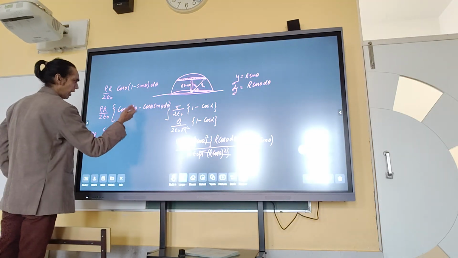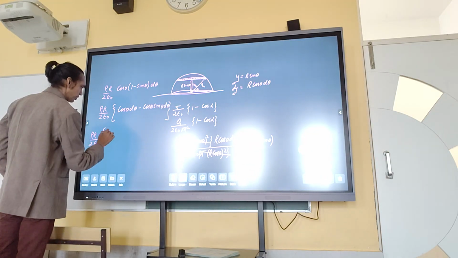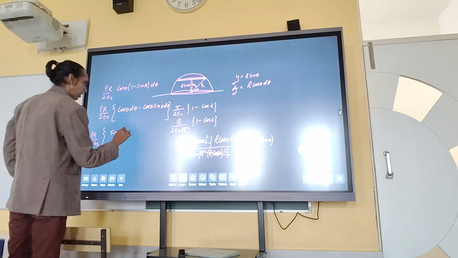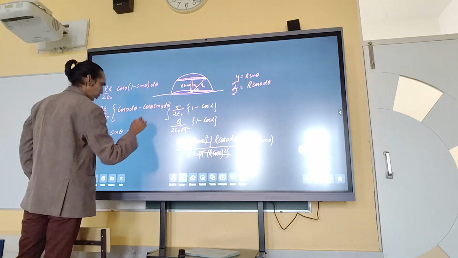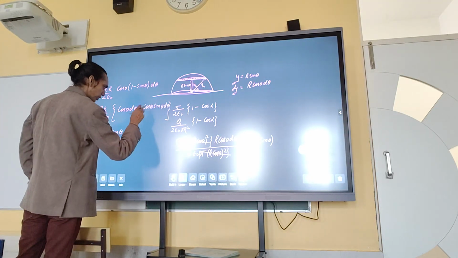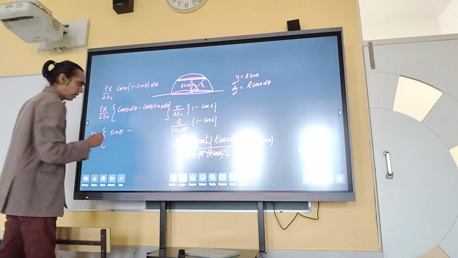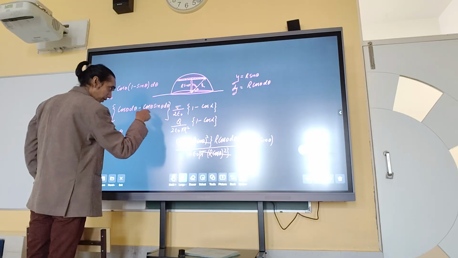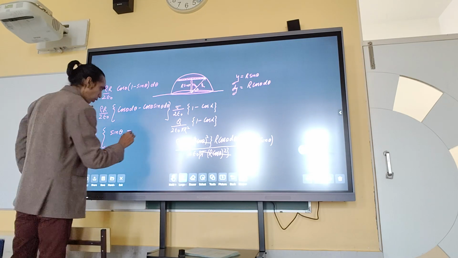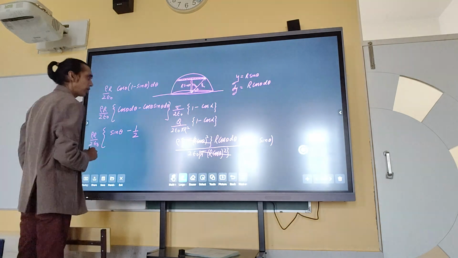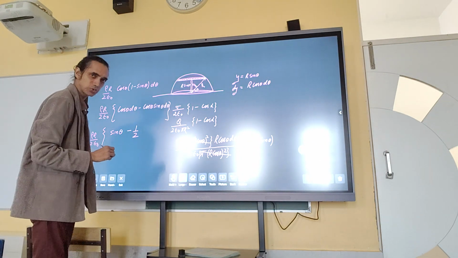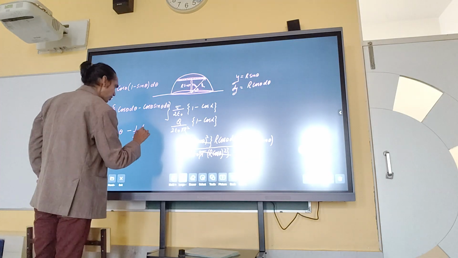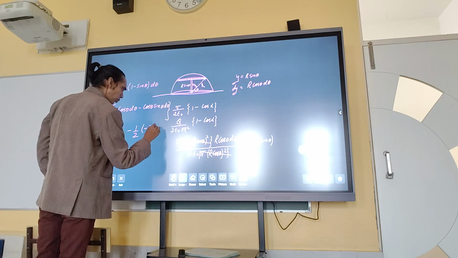We need to integrate cos theta. Integration will get us, as you know, sine of the angle theta. Then we need to integrate sine 2 theta by 2, which when integrated will get me sine 2 theta by 2. The 1 by 2 is already there, and you are to integrate sine 2 theta. Sine 2 theta when integrated gives minus of cos 2 theta.